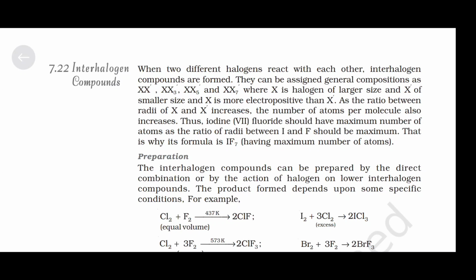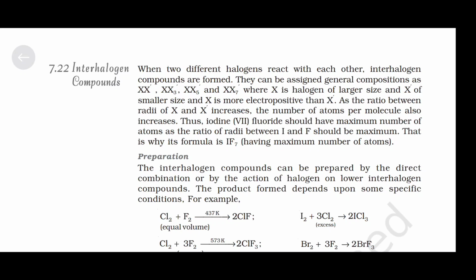Interhalogen compounds. When two different halogens react with each other, interhalogen compounds are formed. They can be assigned general composition as XX', XX'3, XX'5, and XX'7, where X is the halogen of larger size and X' of smaller size, and X is more electropositive than X'.